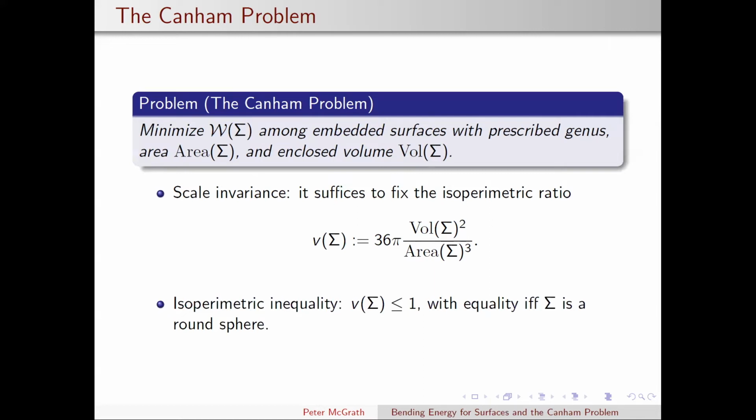I picked this particular normalization because when I do this, my isoperimetric ratio is always between 0 and 1, and exactly 1 if I'm a sphere. That's what the isoperimetric inequality says. So if I have isoperimetric ratio very, very close to 0, it means I enclose very little volume in comparison to the amount of area I have. Okay.